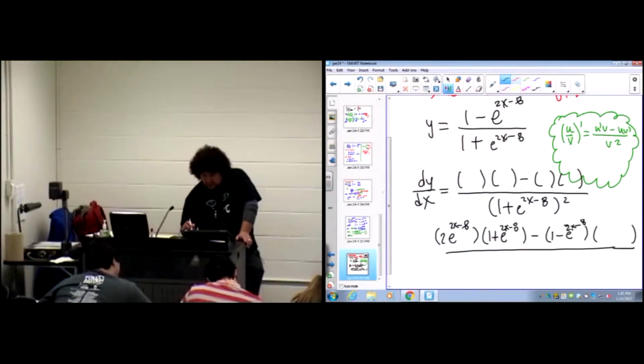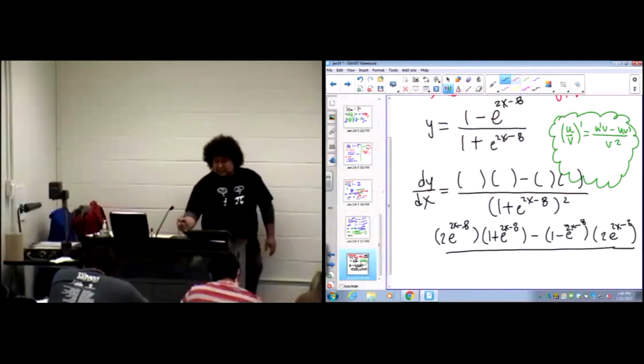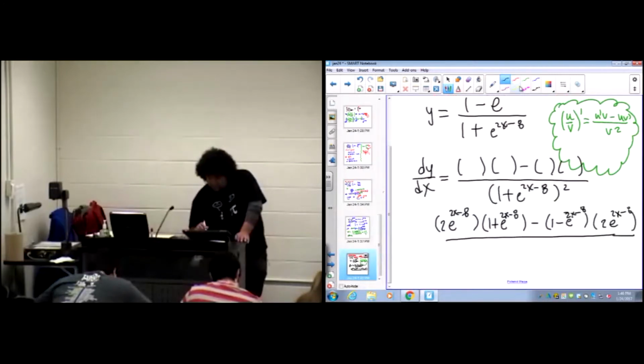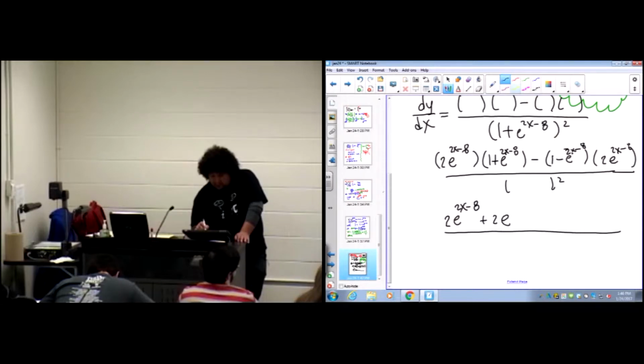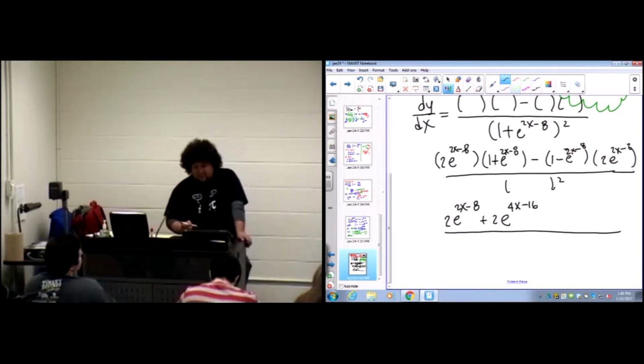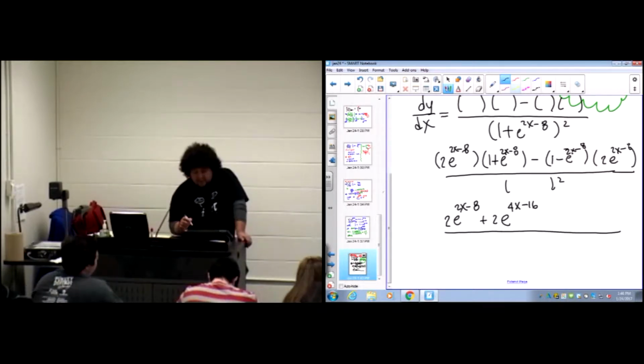This will look like 2 e to the 2x minus 8 plus 2 e to the 2x minus 8 times e to the 2x minus 8. That becomes e to the 4x minus 16. We have to be careful. There is a minus coming up, so maybe I can do that in another color here on top. If we cross multiply, this would be 2 e to the 2x minus 8. That multiplied by the other one would be minus 2 e to the 4x minus 16.